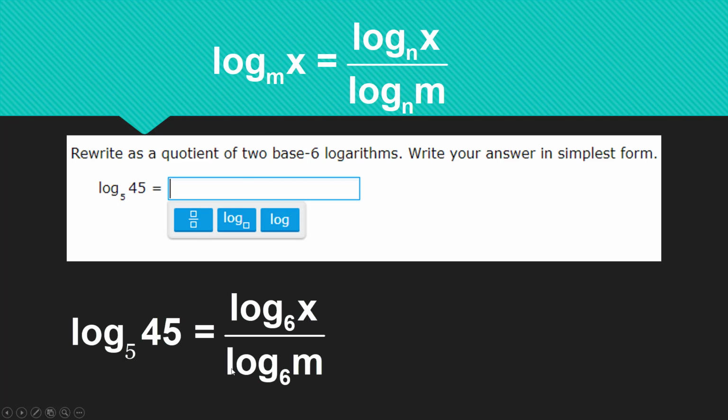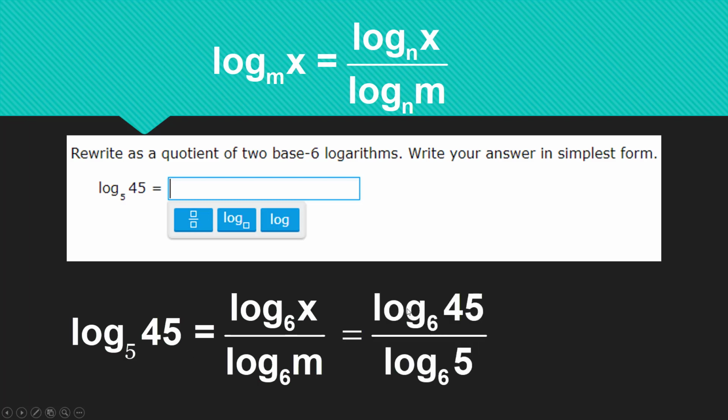Since it's a base, it's going on the bottom, and the 45 goes on top. So we get log base 6 of 45 divided by log base 6 of 5. And that's all they want us to do. They want us to rewrite it as a quotient. We don't need to go any farther with this.